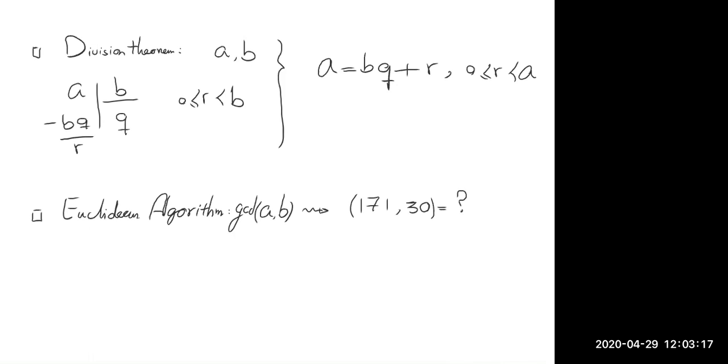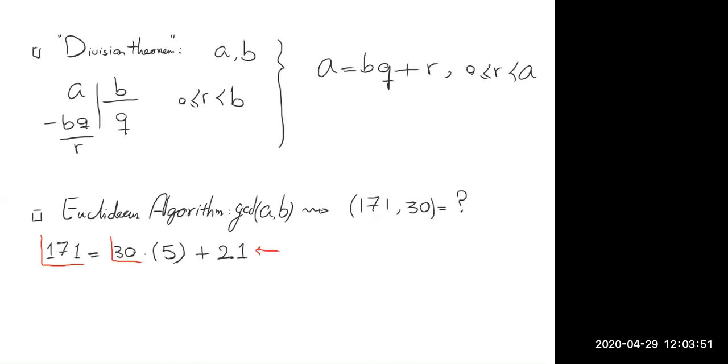One way to do it is to divide 171 by 30 using the division algorithm. 30 times 5 is 150 plus 21. That would be the remainder.